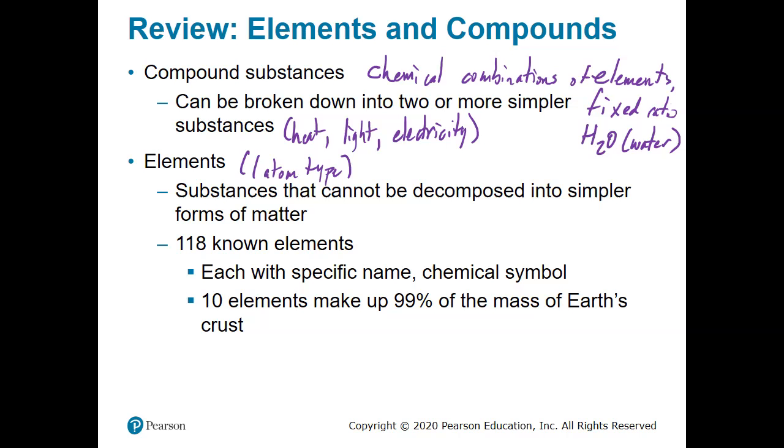If I go into the ground, despite the fact that there are 118 possibilities of elements that I could find there, I'm going to find 10 of them 99% of the time. The other 108 elements are really present in trace amounts, or they're present in other parts of the Earth.